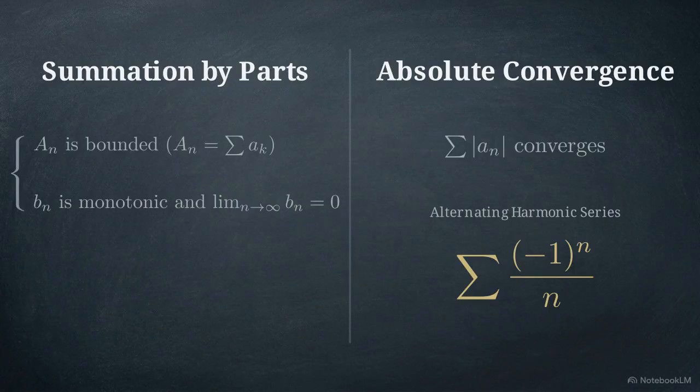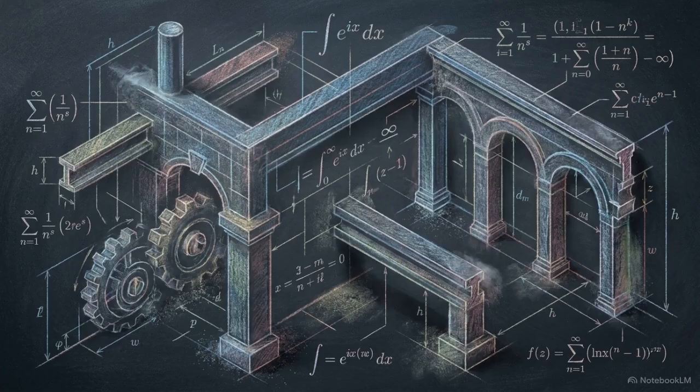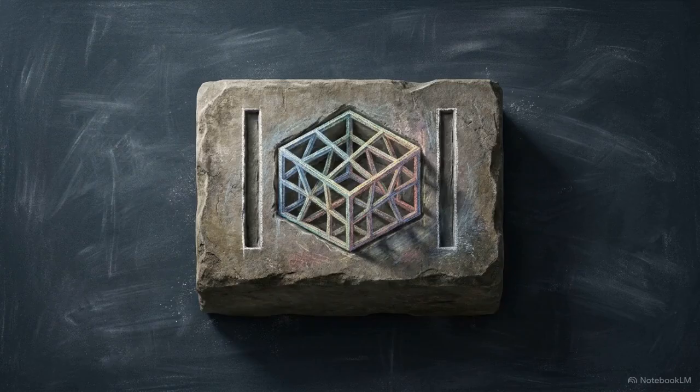By taking the sum of the absolute values, we test for the strongest, most resilient form of convergence, one that is immune to issues caused by rearranging the sequence. Mastering these specific tests allows us to look past the top-level numbers and see the hidden architecture governing an infinite series. These exact definitions of stability form the necessary foundation for all higher mathematical analysis.